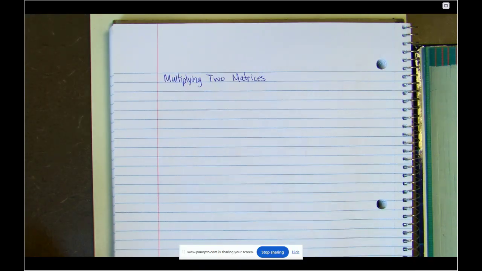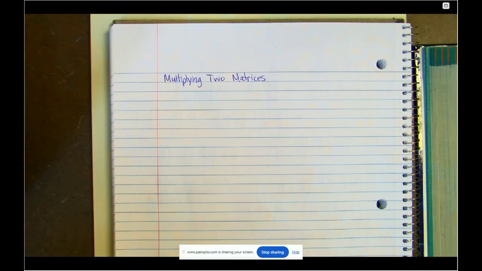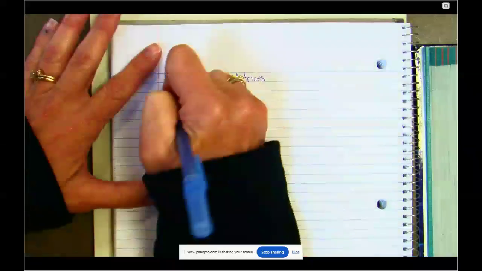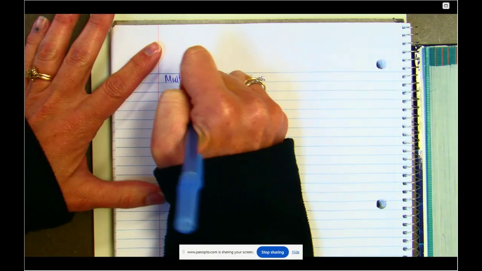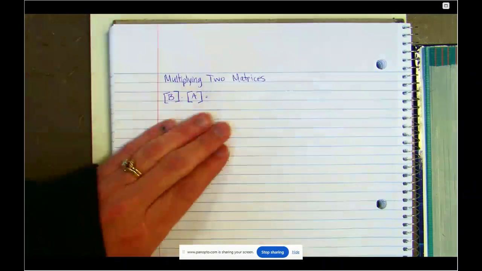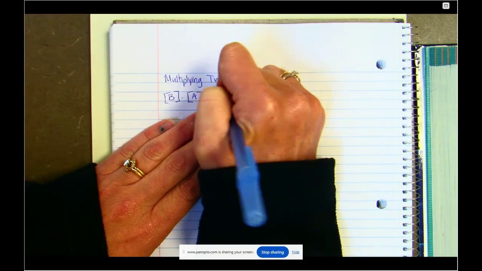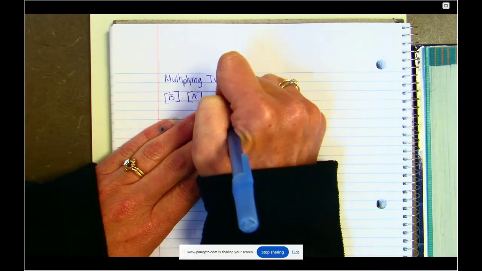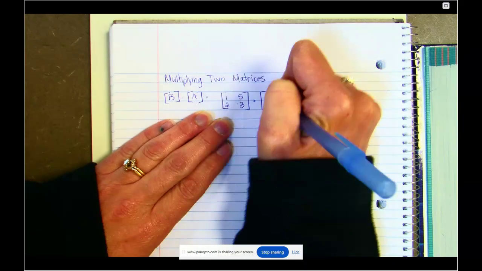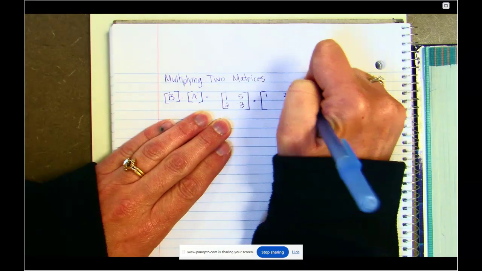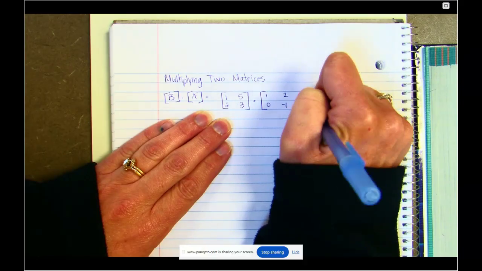So it's worth your time to pay attention. Okay, so we are going to multiply matrix B times matrix A. Now, if you look at the dimension of those, you're going to feel like it shouldn't be possible, but it is. We'll talk about how you know after we talk about how to do this. 1, 2, 4, 0, -1, 3. Okay, so we're going to do B times A.